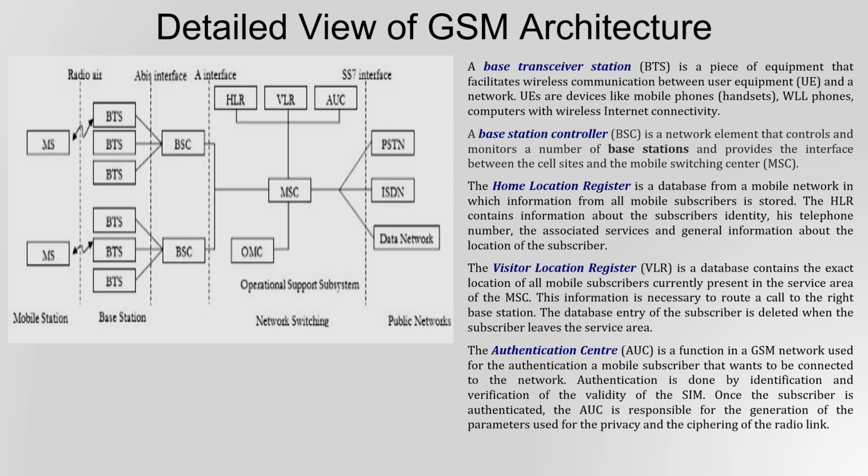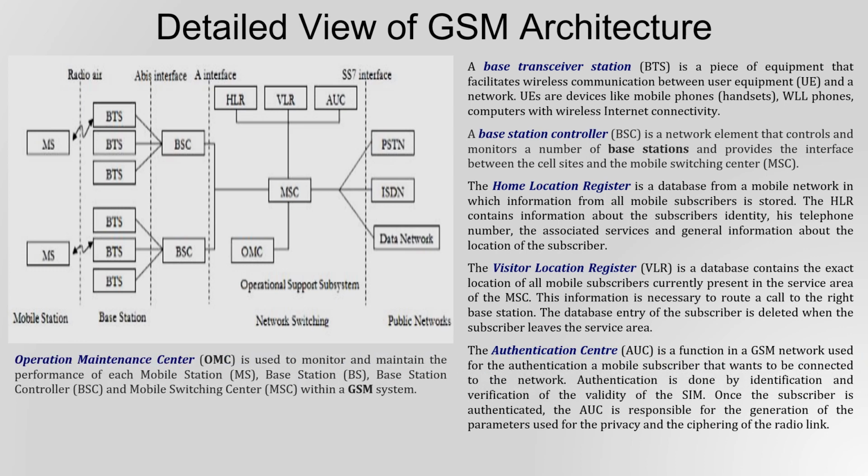So the security related aspects are taken care of by the AUC. That is the primary function of the AUC, and together the MSC will coordinate with the HLR, VLR as well as the AUC.